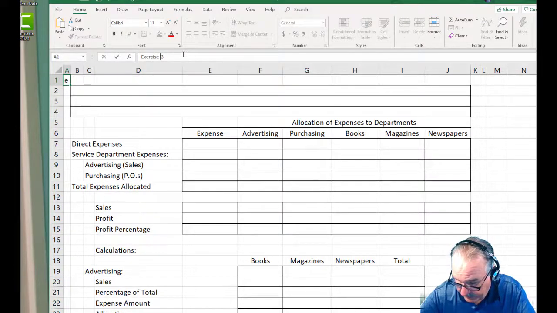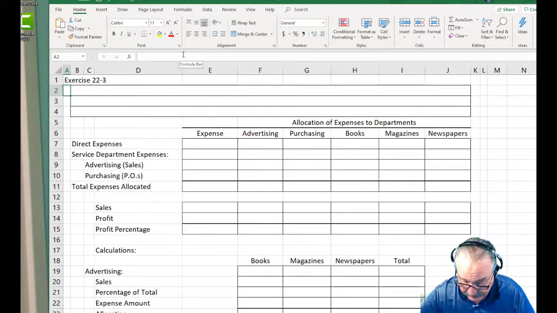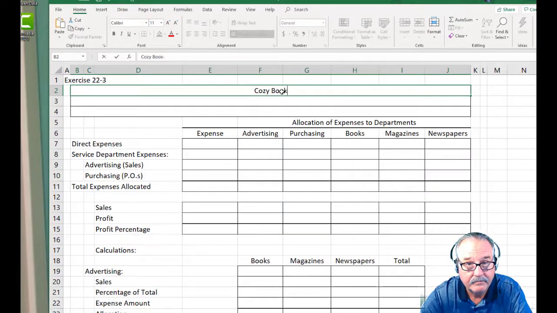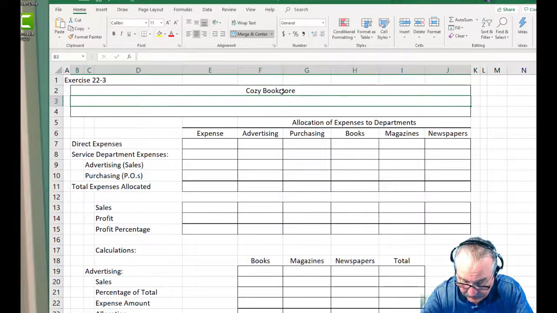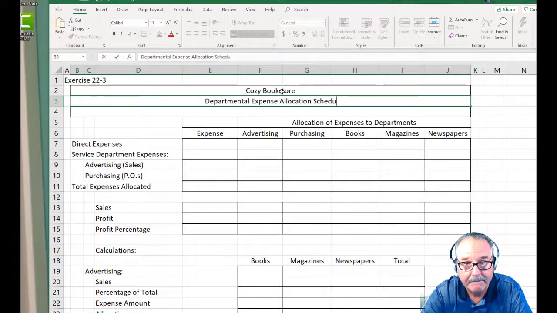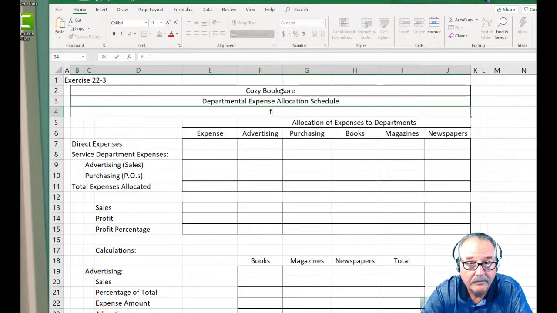This is the Cozy Bookstore, and this is going to be called a departmental expense allocation schedule for the year ended December 31.